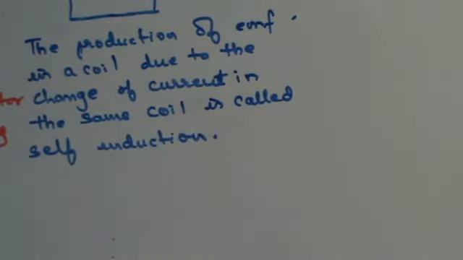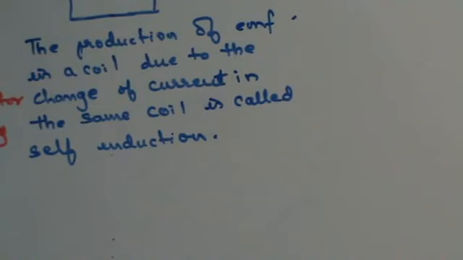So when current changes in a coil, there is going to be an EMF induced in the coil, and if the current is changing in the coil and EMF is induced in the same coil, then that is called self-induction. Now, let's try to understand the direction of the EMF induced.